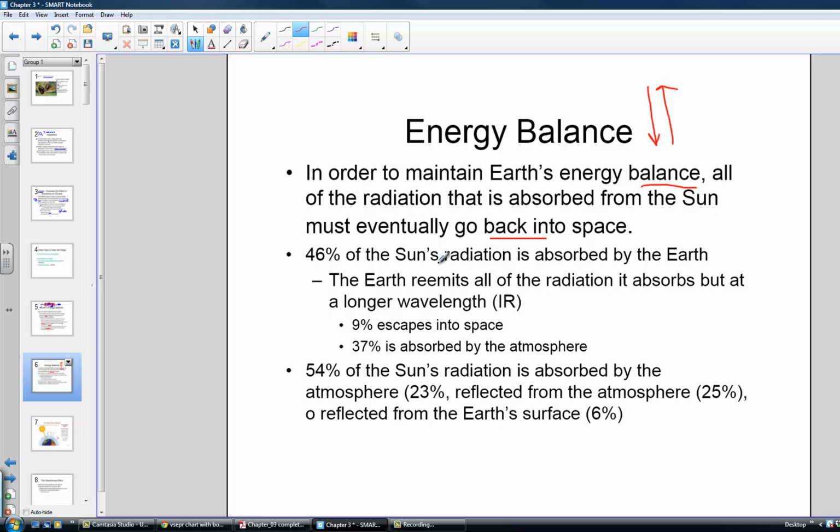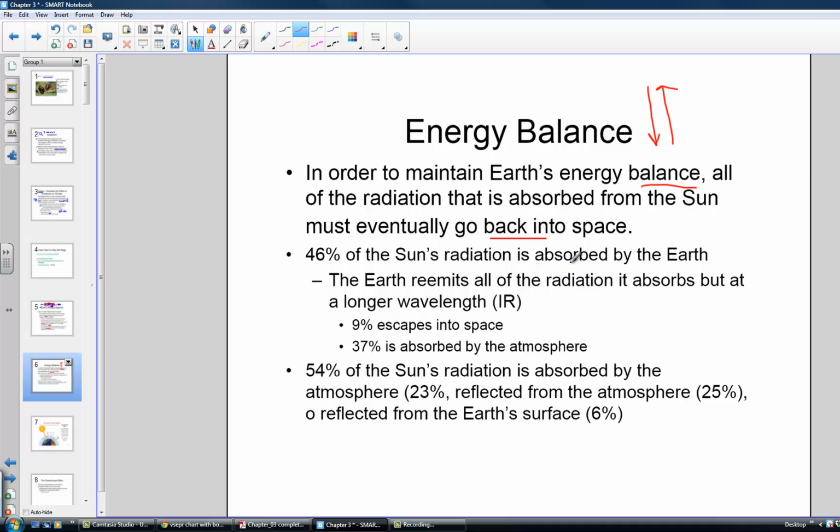The 46% of the Sun's radiation that's absorbed by the Earth, kind of breaking that down further into these two percentages. The Earth re-emits all of the radiation it absorbs, but at a longer wavelength. 37% is absorbed by the atmosphere, 9% escapes back into space. So let's think about that.